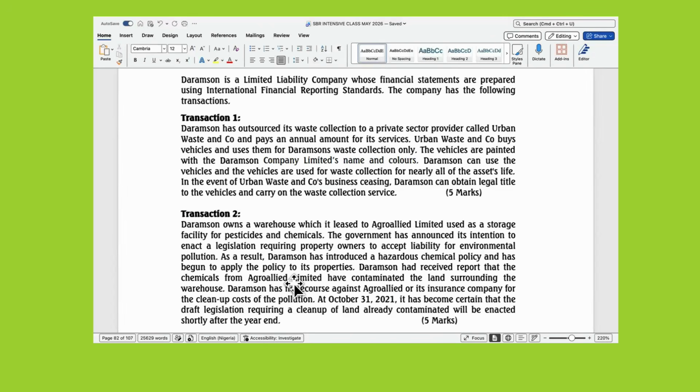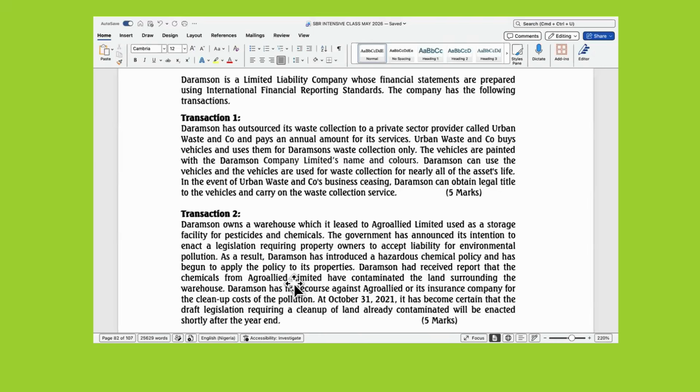And for you to talk about this, the first thing to talk about is the principle, because they ask you to discuss. So you need to tell us the recognition criteria for a provision. That's the first thing you need to mention, that there has to be a present obligation. And it's probable that there will be an outflow of resources to settle that obligation.